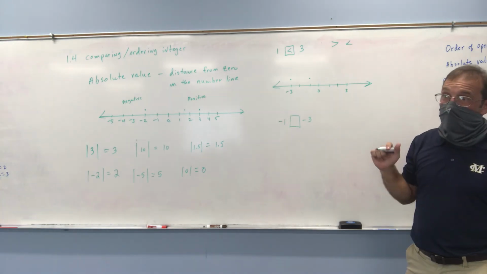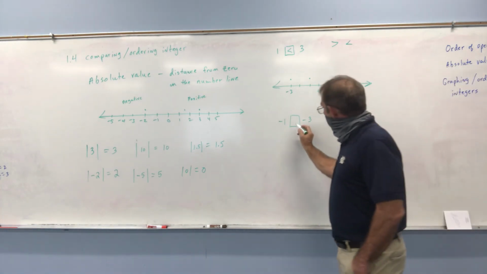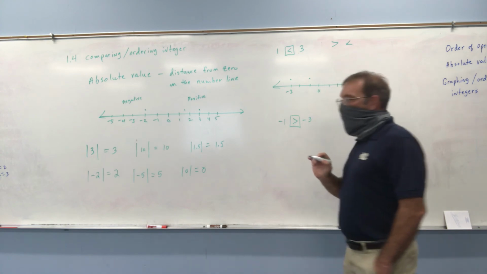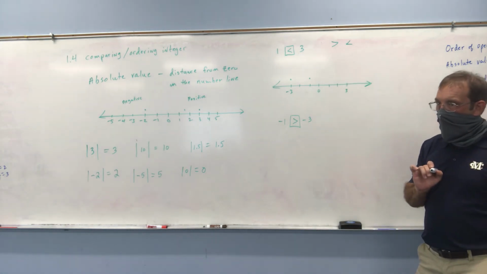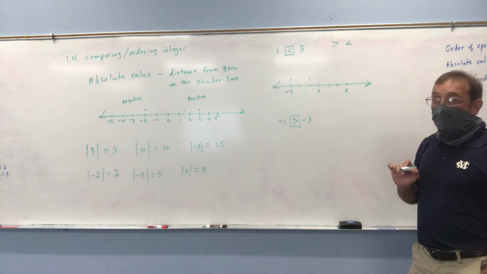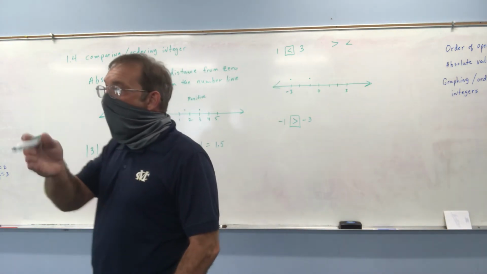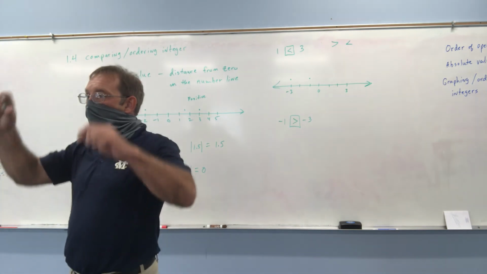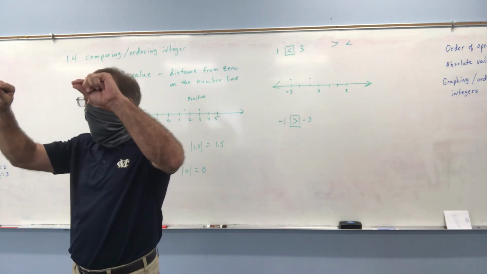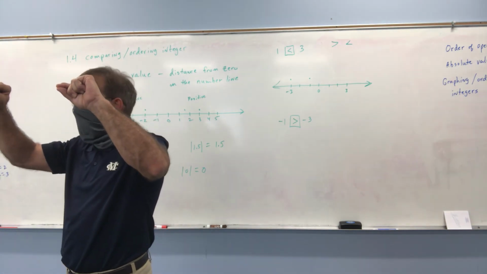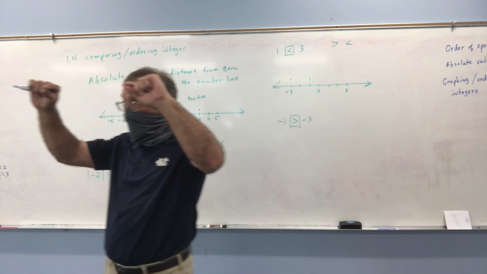That means it's bigger. So that would be that symbol, correct? So do you see how you can use the number line and the fact that it's well ordered? Just look at the two positions where the numbers are and you can tell which one's bigger just by that, correct? Does that make sense?